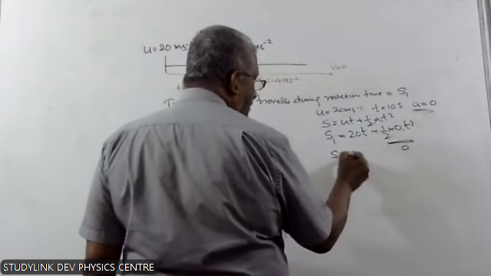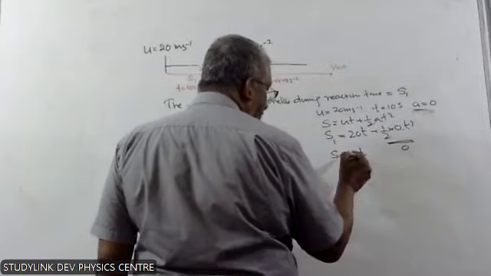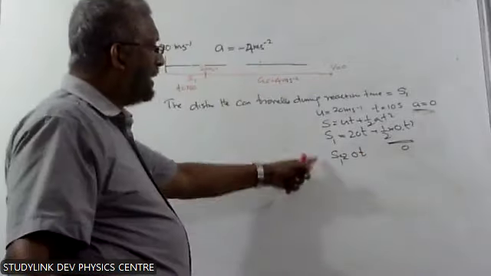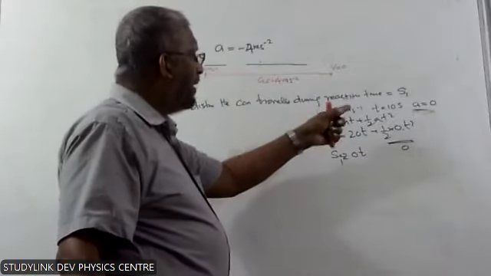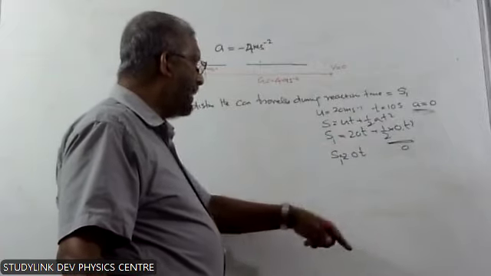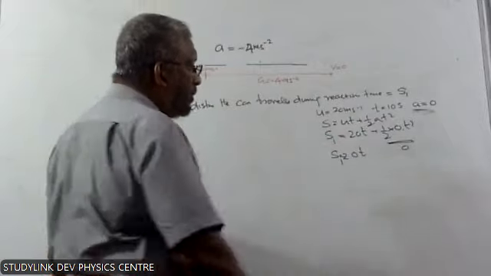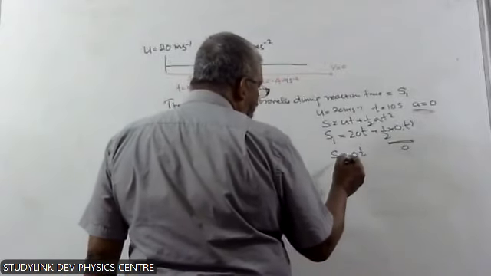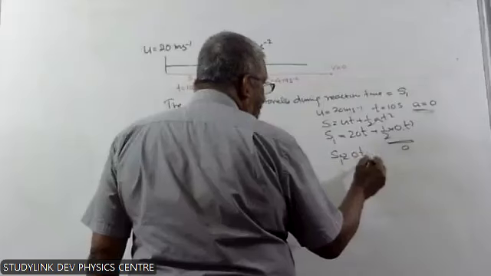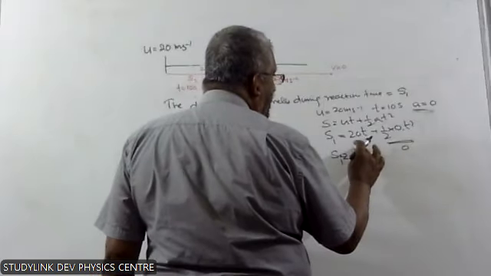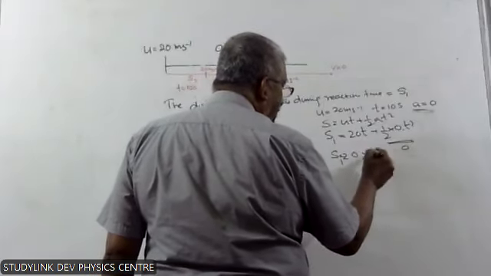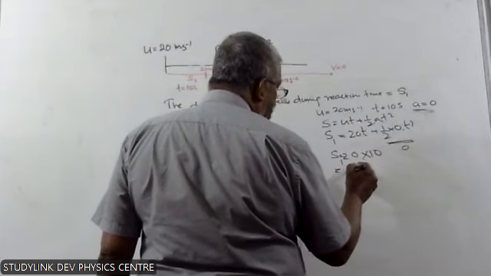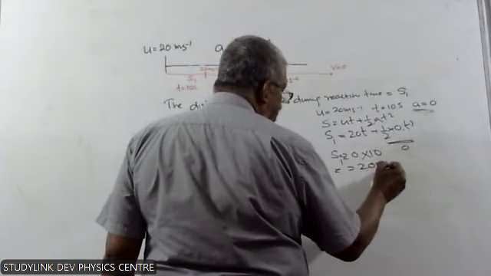So then S1 is equal to 20t, but any student can start from here directly, saying without writing all those, you have to mention no acceleration there, therefore directly s is equal to ut. And then t is known, t is 10, 20 into 10. That means 200 meters.